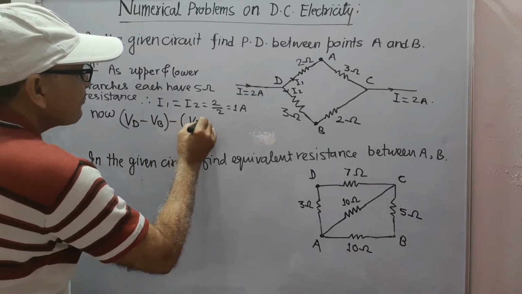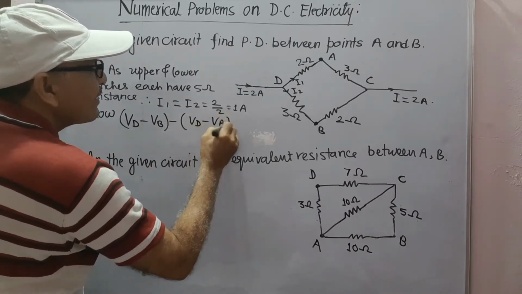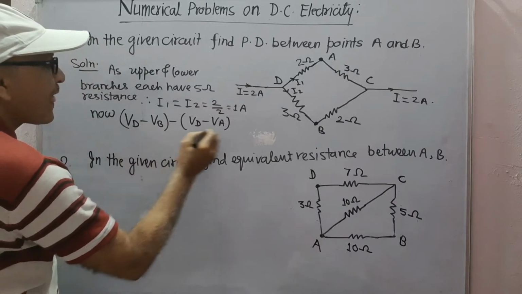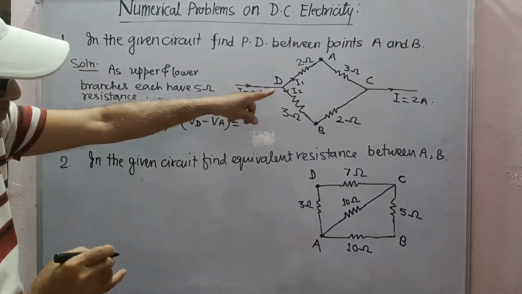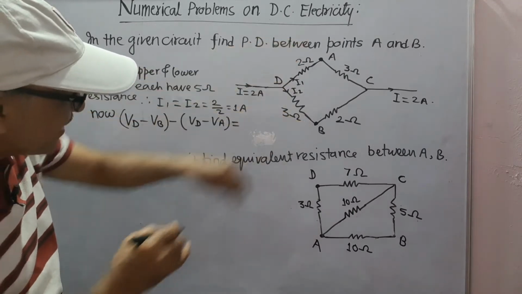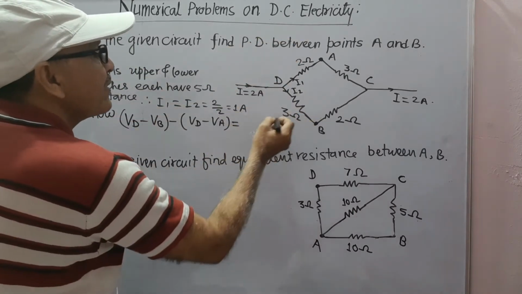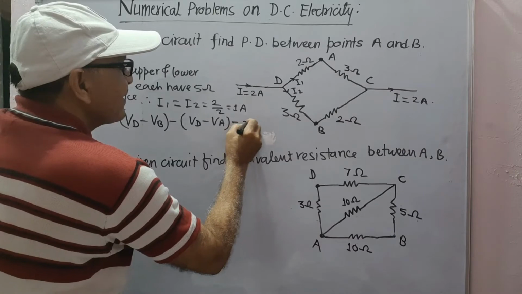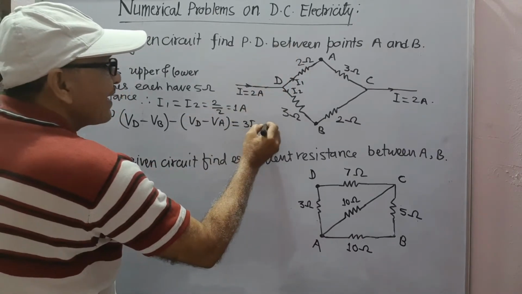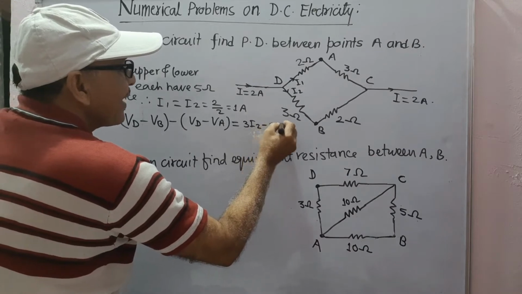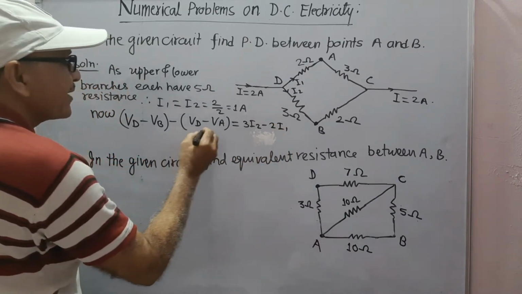Now, VD minus VB will be I2 into 3, so 3 I2, and VD minus VA means 2 I1. I1 and I2 are equal.